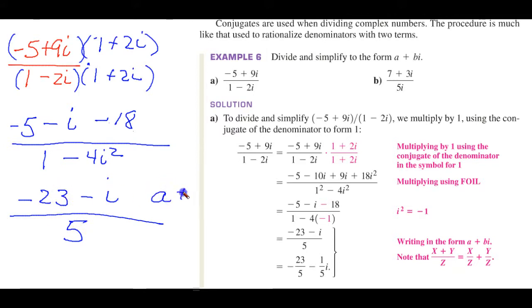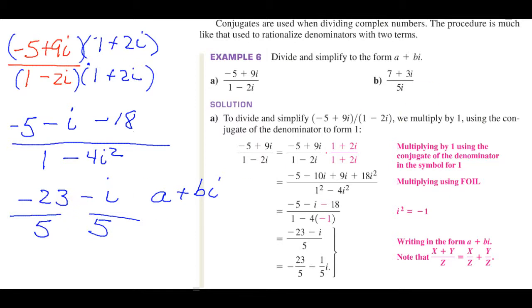form a plus bi. So we do that by putting the 5 under here, the 5 under there, and we can put our negative sign there. I have to do some more erasing here. I'm going to make that a positive.